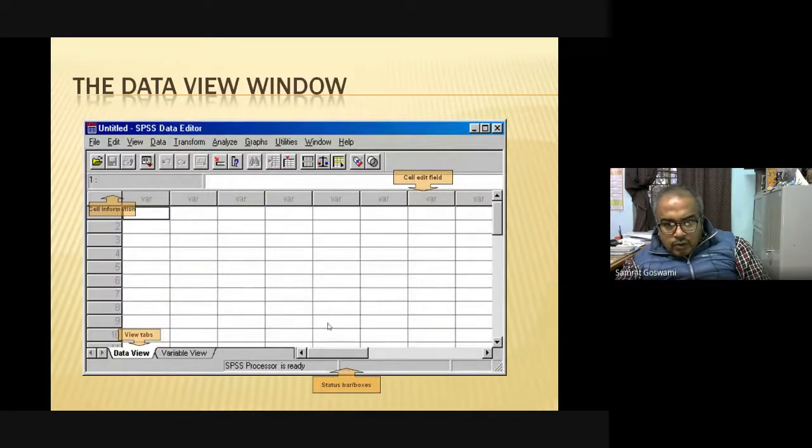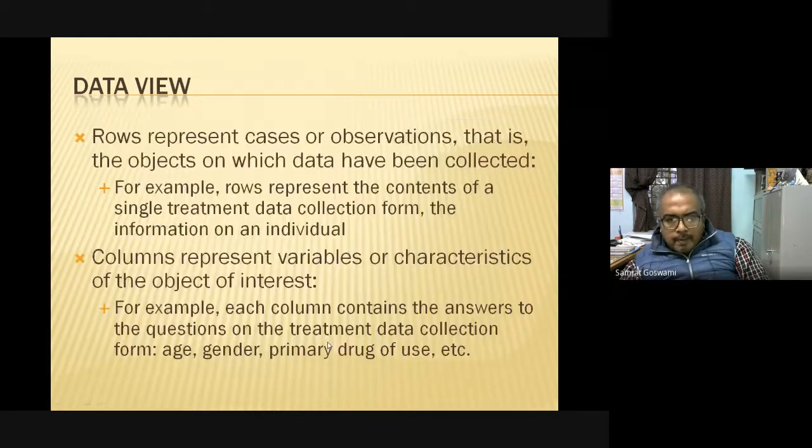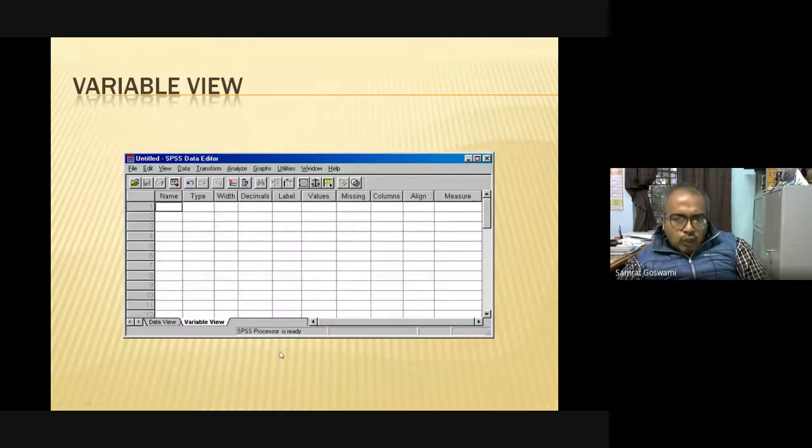This is the data view. Once you have the entire data set with you, the variable names will appear here, and the corresponding responses that you have obtained from the different individuals will appear here. But before that, you have a job. The job is that you have to write the name of the variable, then what type of variable it is, then the width of the variable, then whether you are considering decimals or not, and the labels you have to put.